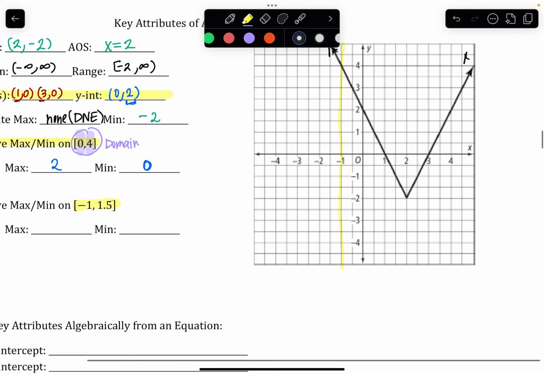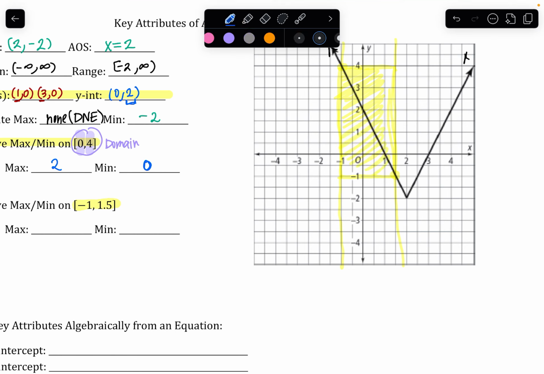And then 1.5 would be here. That's where we're restricting it. Okay, and so I make the box where my function is. That's where I put the bottom and the top is where the function intersects with those yellow vertical lines. So this is all we're looking at. This is our screenshot. And so my maximum is 4.